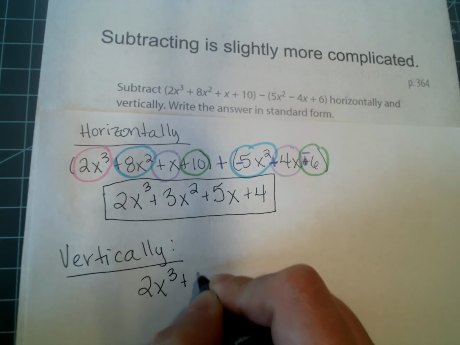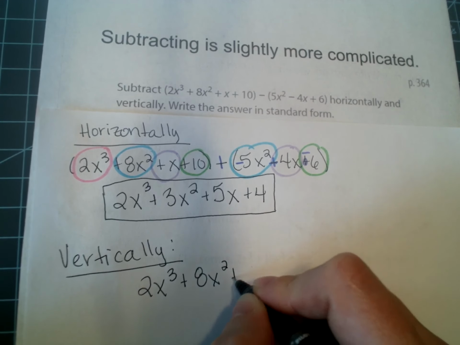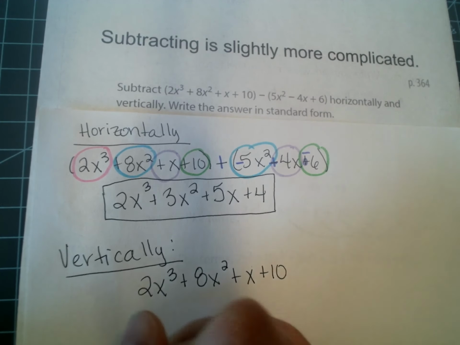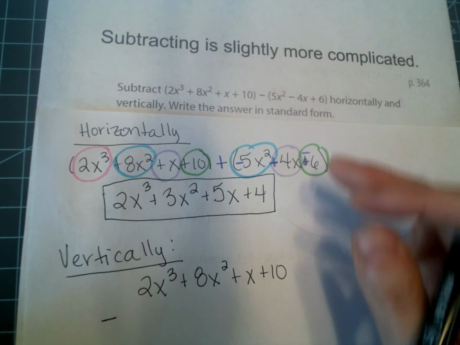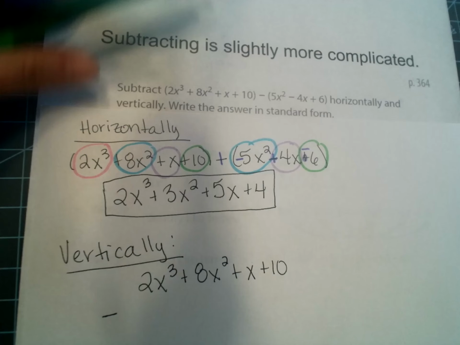But what I'm going to do here is make sure I line up my powers that are alike. So I'll write the 5x squared under the 8x squared, the minus 4x under the x, and the plus 6 under the 10.